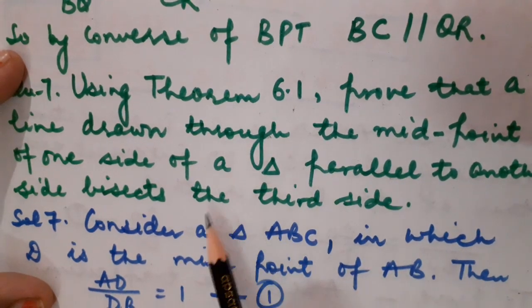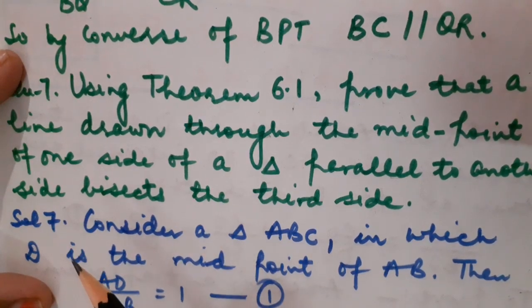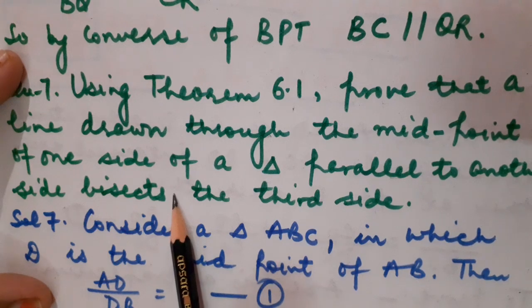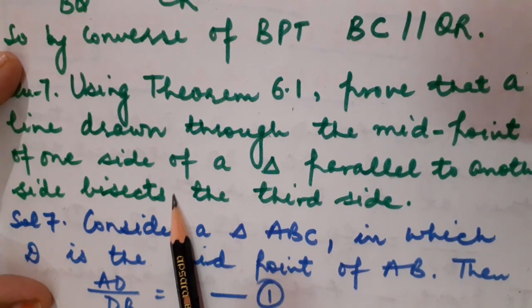Children, have you ever heard this statement earlier? Yes, this is actually the statement of the midpoint theorem which you learnt in class 9th. So according to the midpoint theorem, what did you learn?